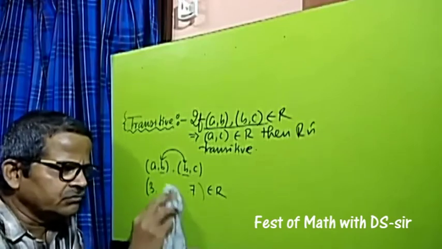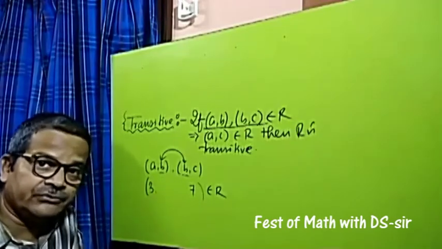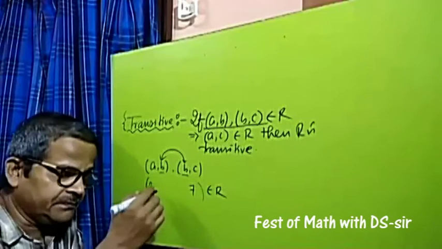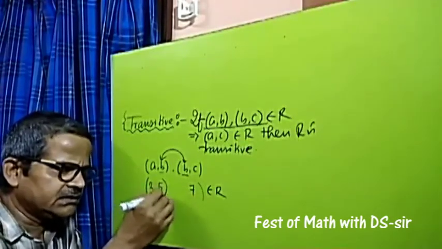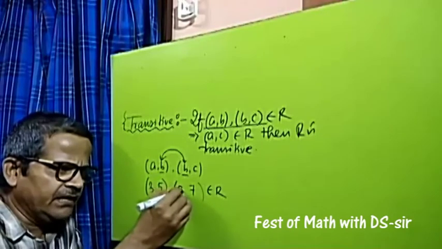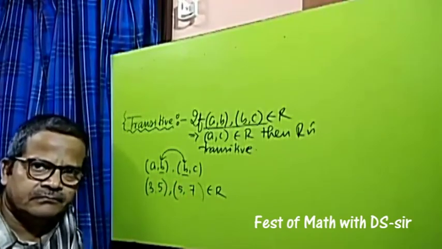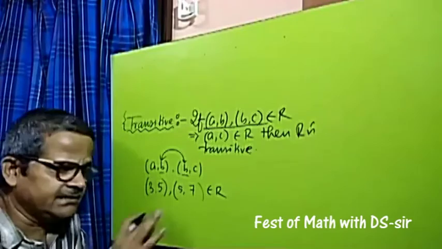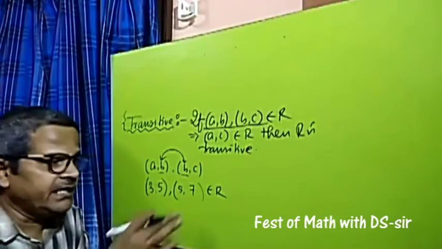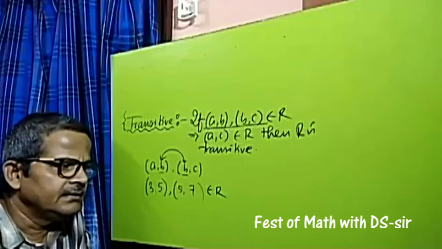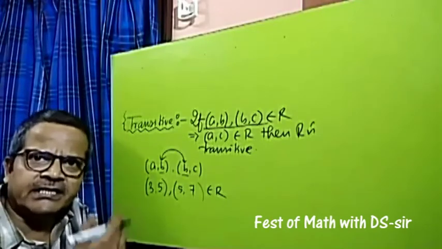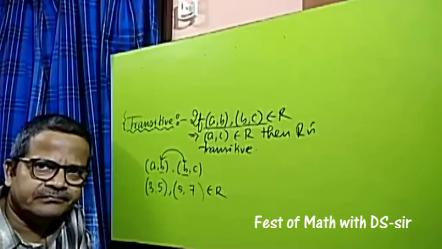So first we have to find two ordered pairs like these (3, 5) and (5, 7), if there is any. If there is no such pair of ordered pairs, then it is automatically satisfied.